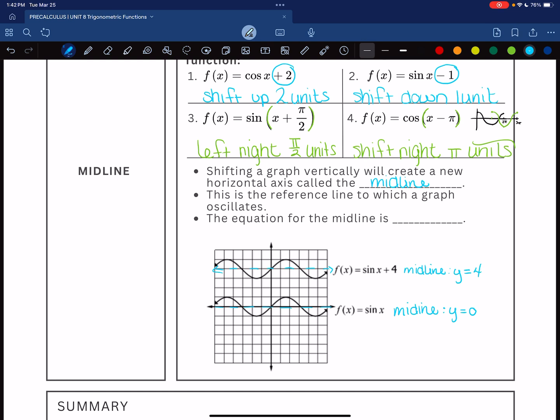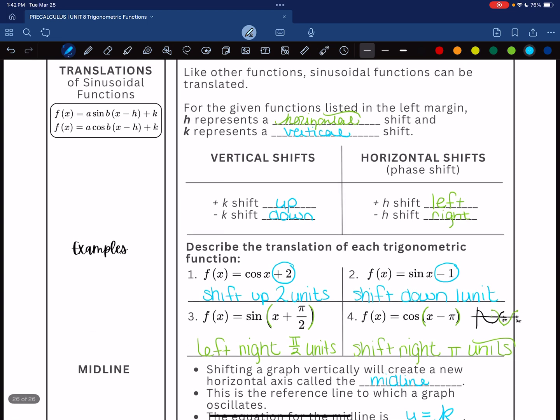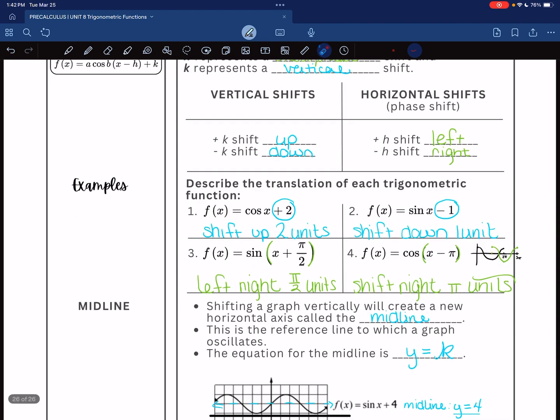So maybe you can answer this next question for me. What is the equation going to be in general for the midline of a sinusoidal function? It's going to be the line y equals, drum roll, k, where that is the k value that is either added or subtracted at the end of your sinusoidal function.